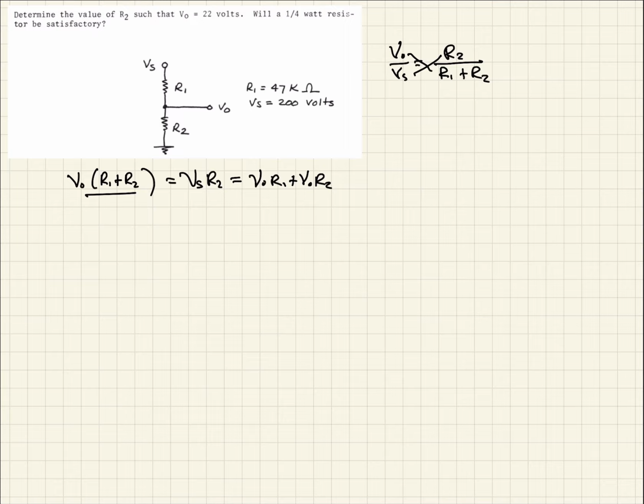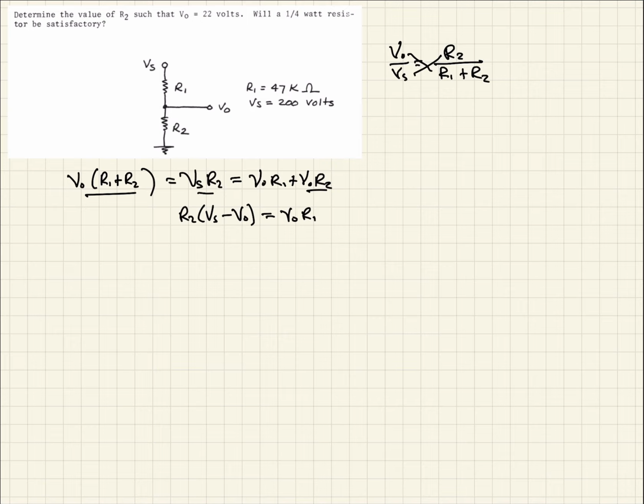So that would be R2 times Vs, which is that term. And then if we bring this term over, subtracting, it would be minus V0. R2's already been divided out. And then that's going to equal V0 R1.